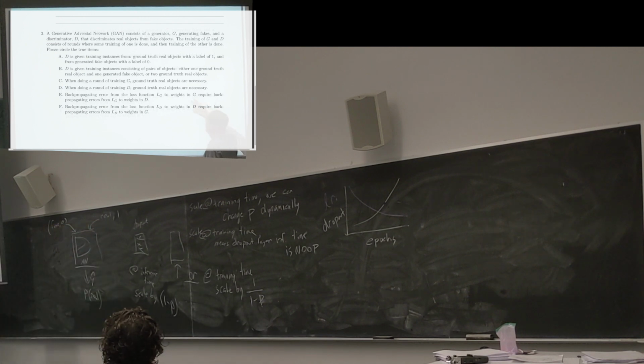Okay, backpropagating. We have the loss function L sub G, because we have two different loss functions as we are optimizing two different networks. Do we backpropagate errors from L_G to weights in D?